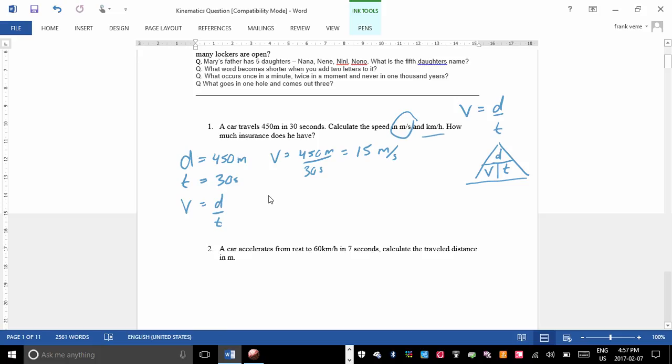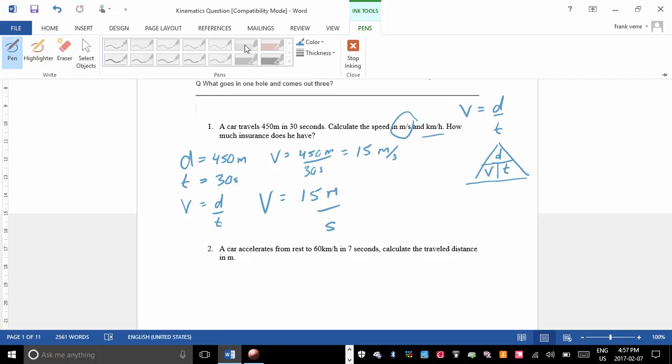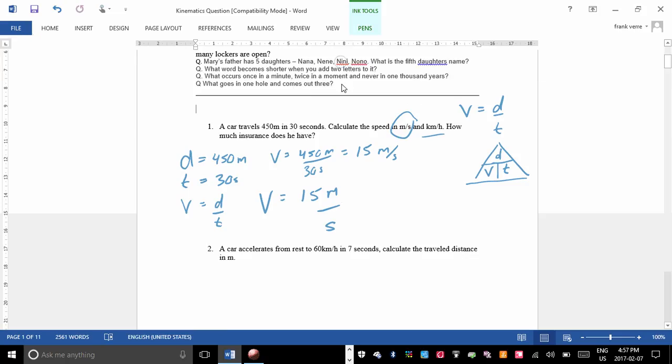So what I'm going to do is convert the denominator into kilometers. So that would be 1 kilometer for every 1,000 meters.